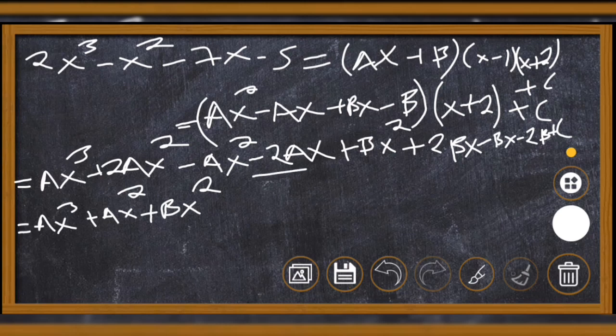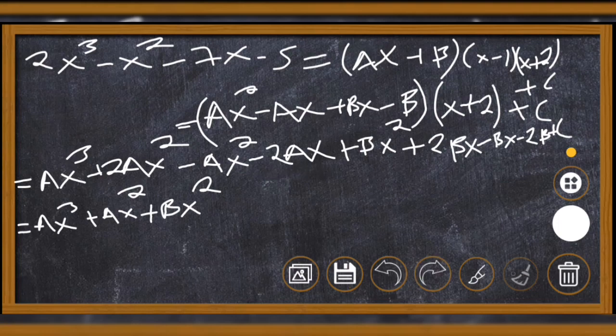So let's go now to the x values. We have this one here, we have this one here. We know that 2bx minus bx gives us positive bx. And remember, we have negative 2ax here.